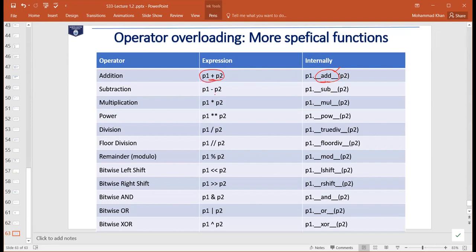Similarly, if we want the objects of our class to use the minus operator, we have to implement the __sub__ method. Similarly, for any of the operators, if we implement this method in our class code, then the users of the class will be able to use these operators.